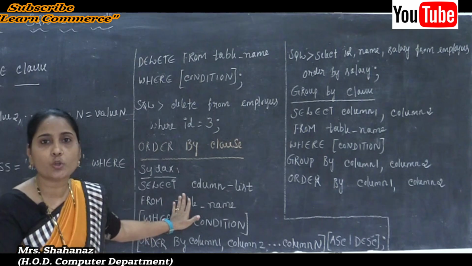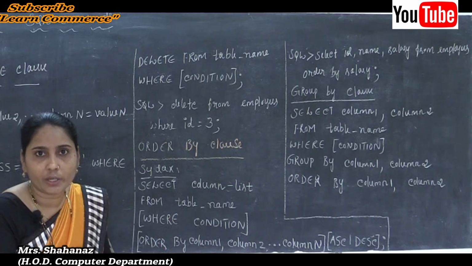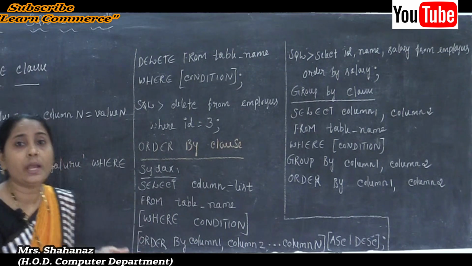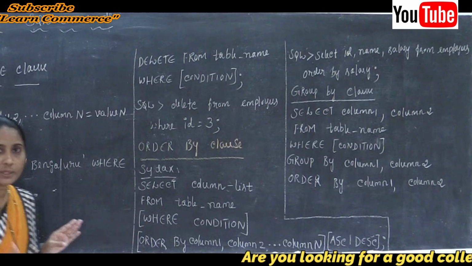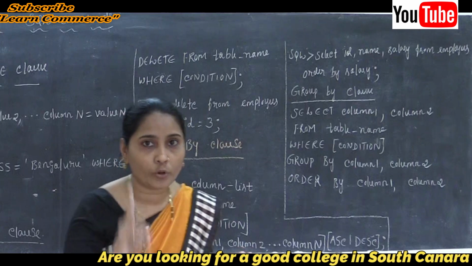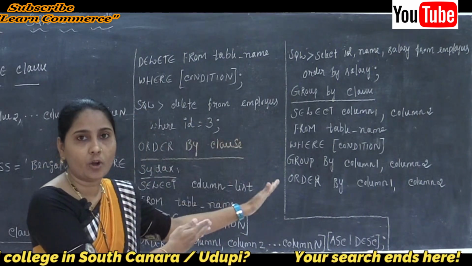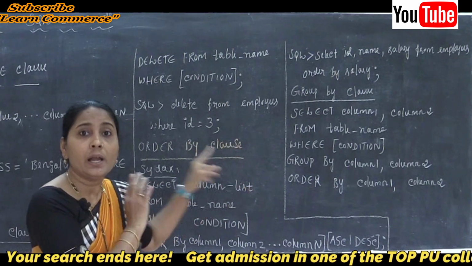Is it possible to order such values in ascending or descending order? No, we can't. So first of all, the important note: make sure that whatever columns you use for sorting, like ascending or descending order, should be in the column list here.